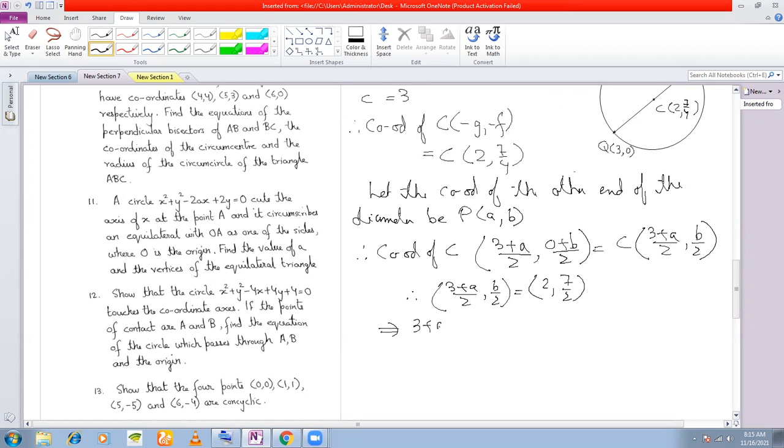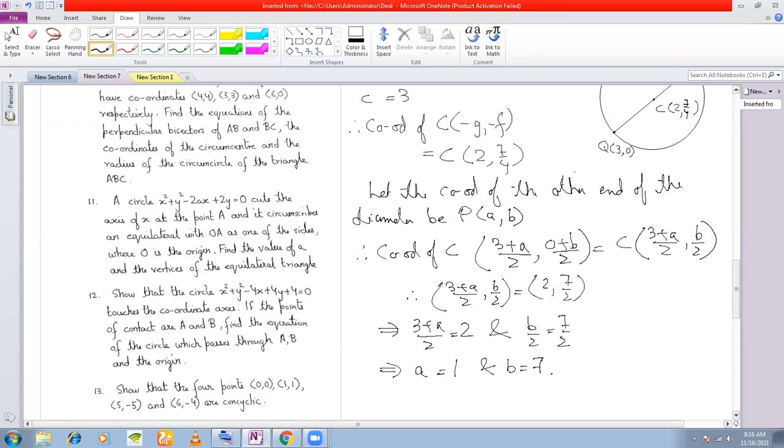Therefore, we get 3 plus A by 2 is equal to 2, and B by 2 is equal to 7 by 4. So this will be B equal to 7 by 2. And you can solve this to get A is equal to 1.